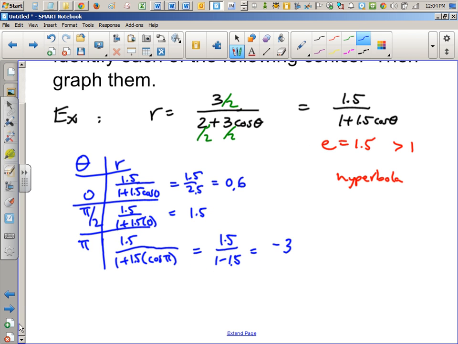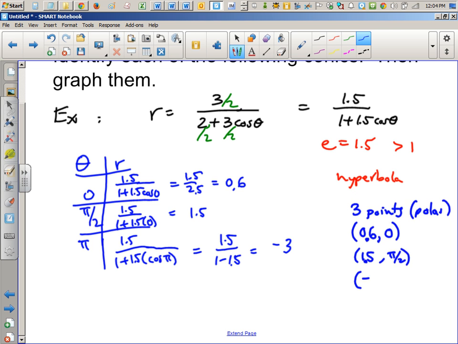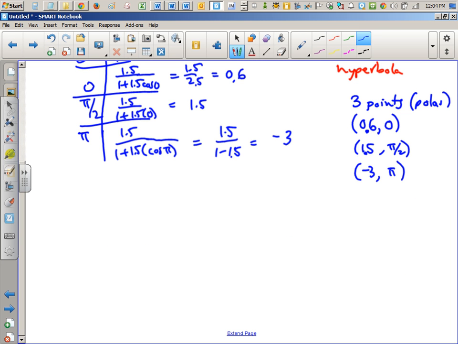Okay? So here are my 3 points. I have 0.6 radius when theta is 0. These are polar points, guys. Okay, polar. We're on the 1.5 circle for the angle pi over 2. And we're on the negative 3 circle when we hit pi. Let's see if we remember our polar plotting. Hopefully you remember how to plot polar points.